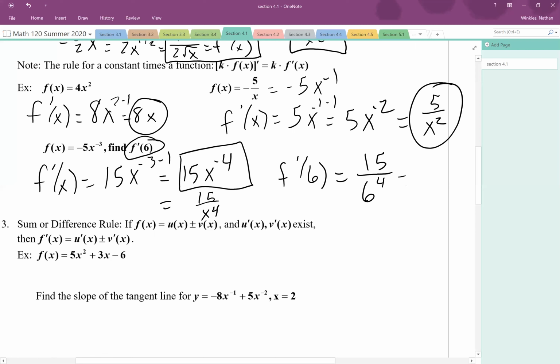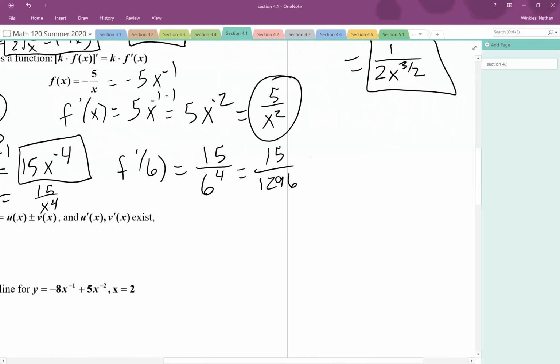So when we do that, 15 divided by 6 to the 4th, we end up with 15 over 1296. So when we do that, we end up with 5 divided by 432 as our answer here.